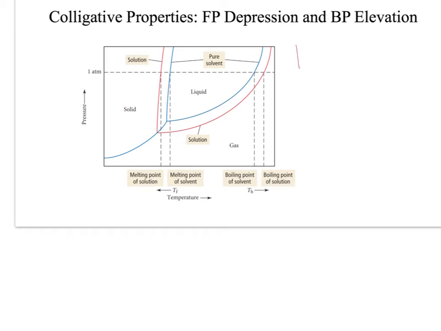Here we have a phase diagram illustrating the next 2 colligative properties, freezing point depression and boiling point elevation. You see the freezing point depression shown in the red line, and the boiling point elevation likewise shown in red, and the pure substance is shown in blue.